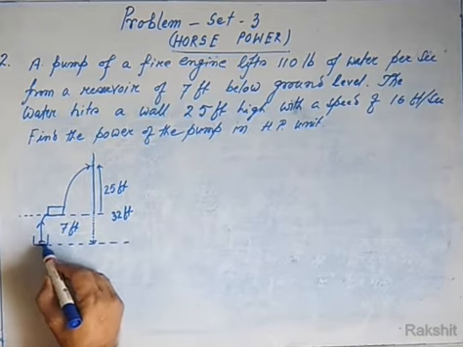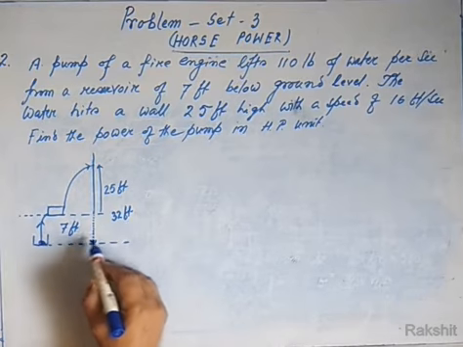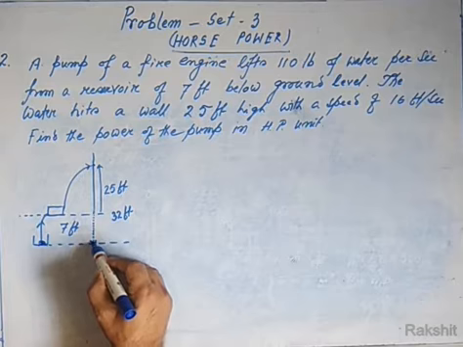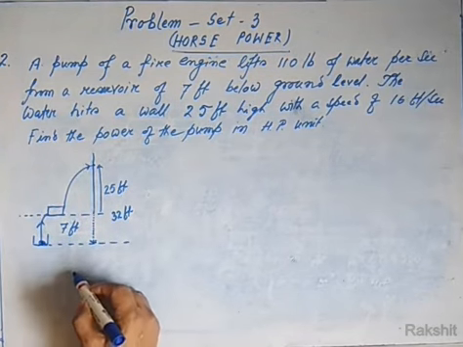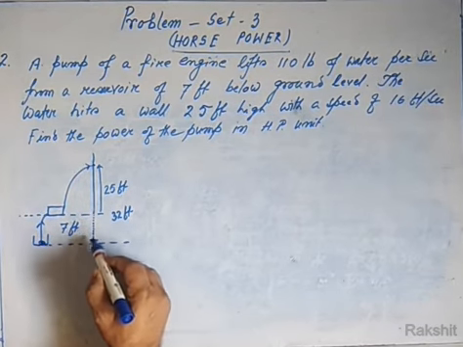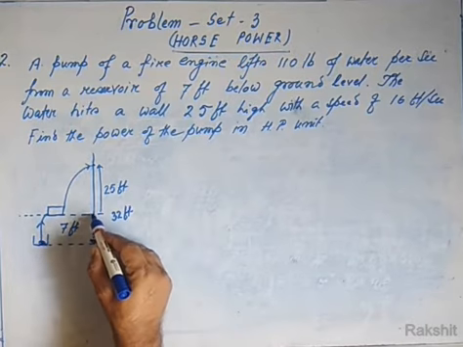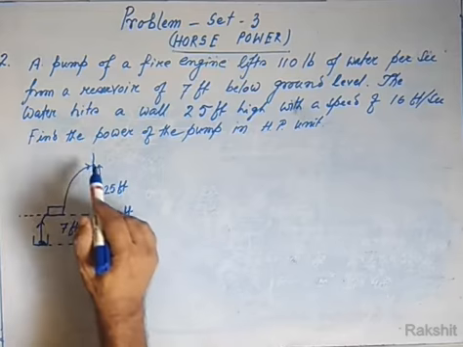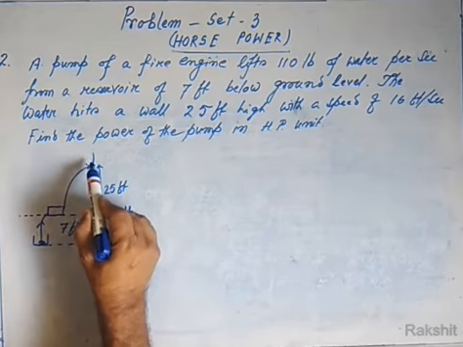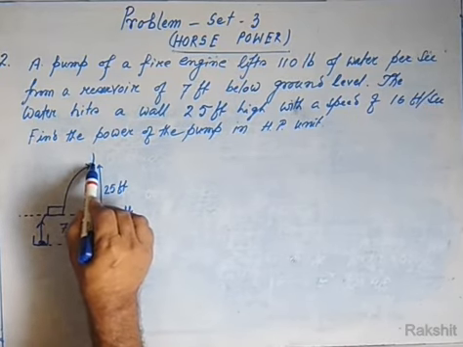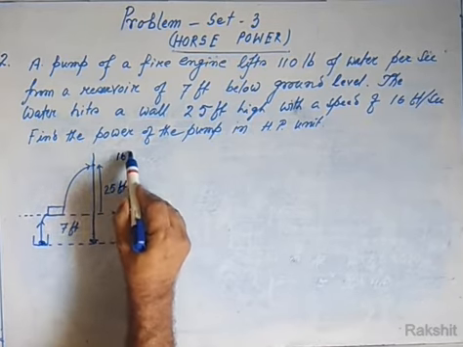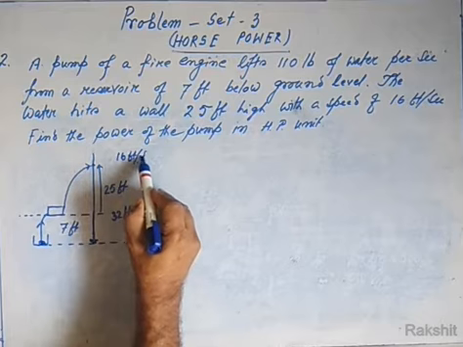When water is lifted from this point to this point, the potential energy of the water is increased. So energy is required to increase the potential energy, and also when it hits this point, it hits with a velocity of 16 foot per second.